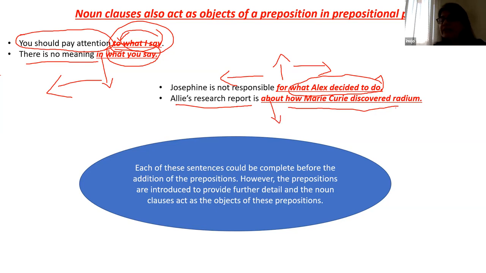How Marie Curie discovered radium is your noun clause, and Ali's research report is about, okay. So this is the sentence which is coming before the preposition. So here, children, sometimes there are a few mistakes that need to be fixed. I'm really not sure about this. I think we need to check this out.